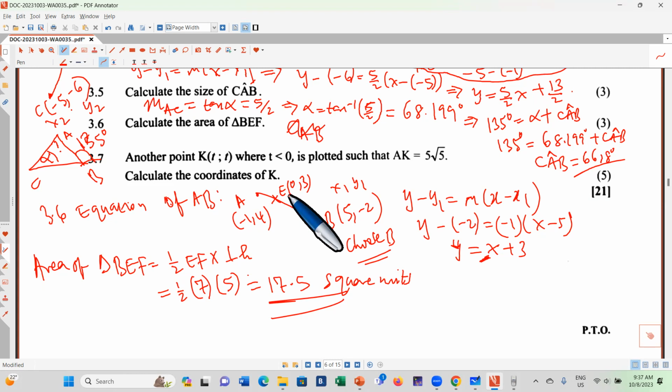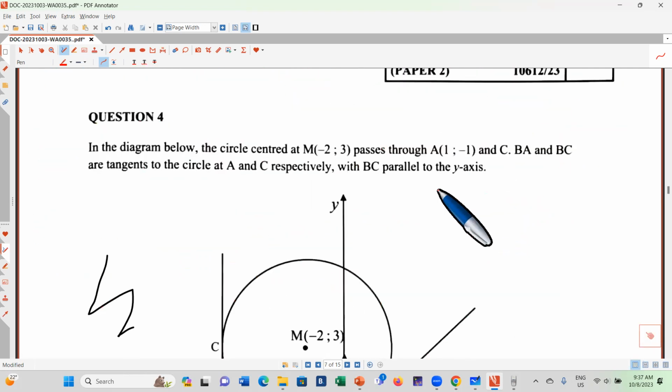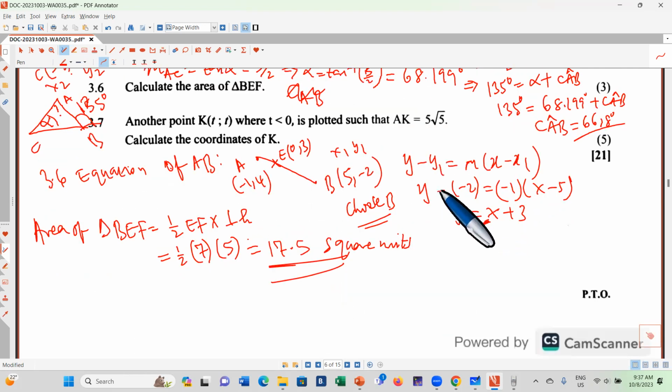This one is very, very straightforward as well. How do we find the coordinates of K? We have been given that AK is this. You have A with the coordinates -1, 4.